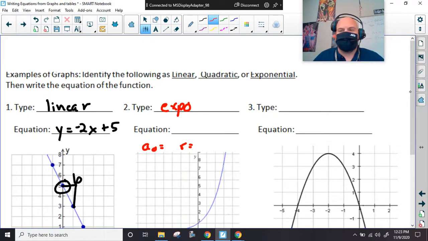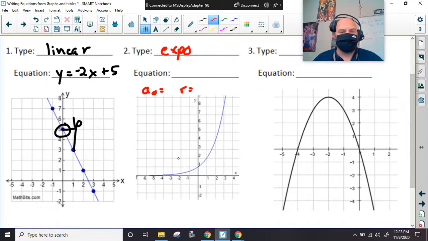For our y-intercept, it's right here at 1. So we're going to have y equals 1 parenthesis. Let's think about this. Right here, this y value is 2.